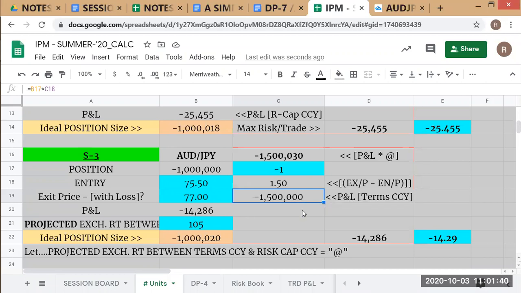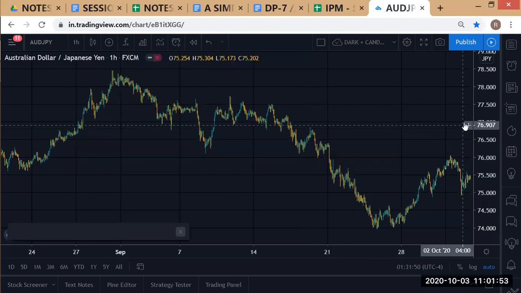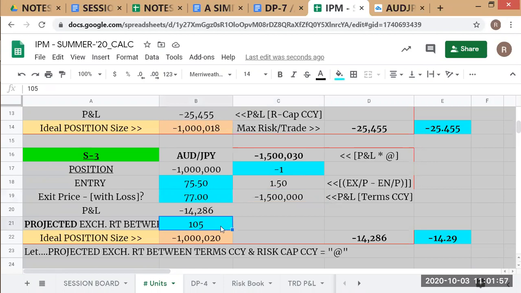In the case of dollar yen, you have to divide because yen is the terms currency. And so you have to make a projection about what the dollar yen rate would be at the time this is triggered, and for that I've made a projection of 105. Remember, this is just a projection.